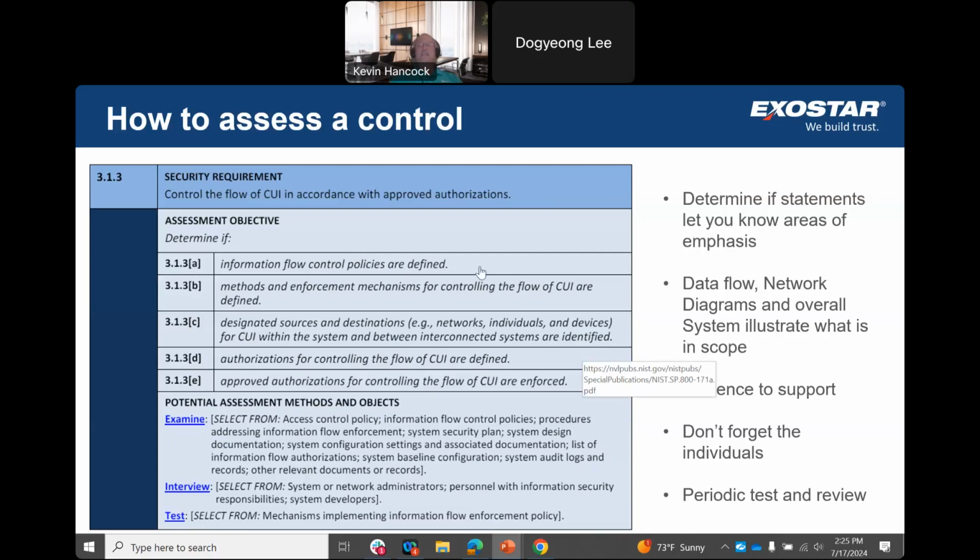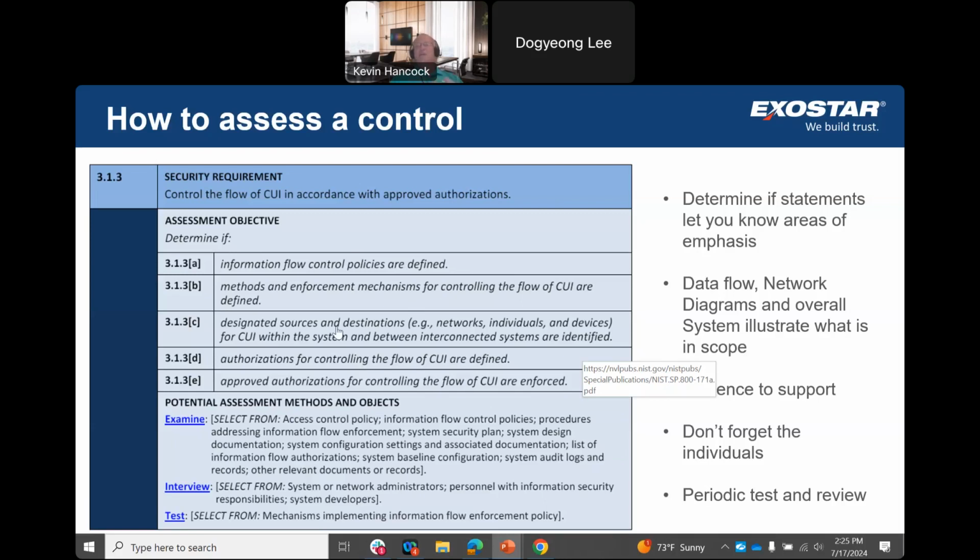So you're going to need information flow control policies. Do you have those things defined? In my data flow diagram, do I understand why it moves from A to B, who handles it, things like that. The methods I have in control of that, user accounts, who has access to this particular machine, this particular segment, etc. Those sources and destinations, networks, individuals, devices.